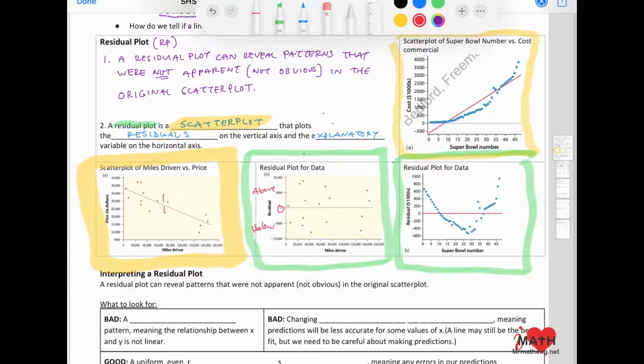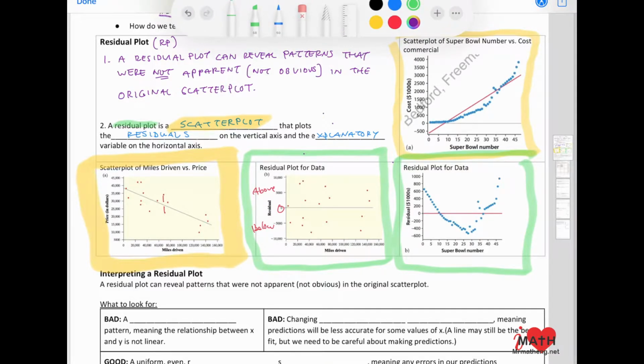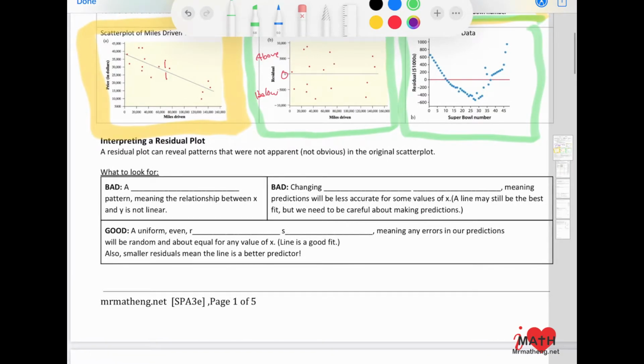Let's go down below here. Interpreting a residual plot. A residual plot can reveal patterns that were not apparent or obvious in the original scatter plot. What do we look for? Well, a bad thing is if there's a curved pattern. It's bad if we do see a curved pattern, because it basically is saying the relationship between x and y is not linear.